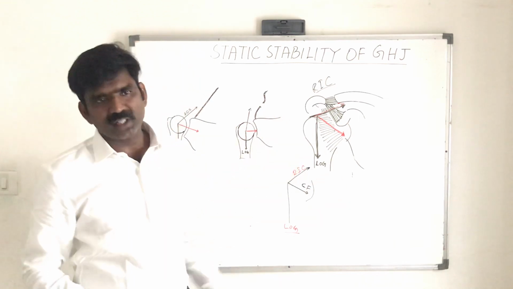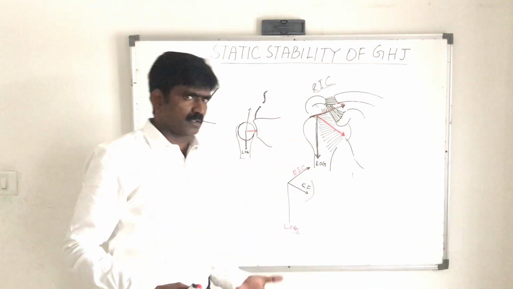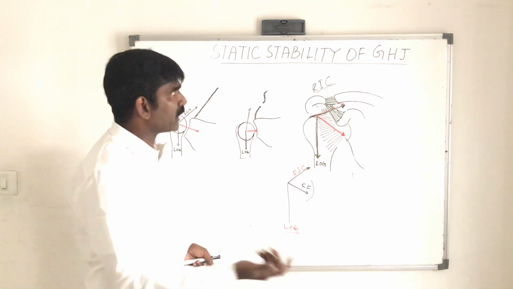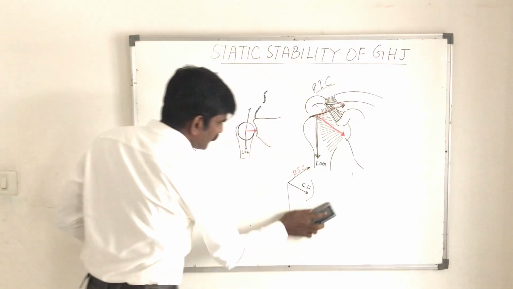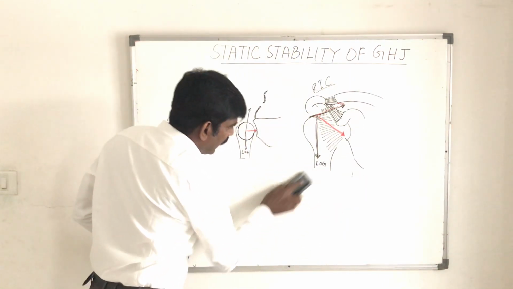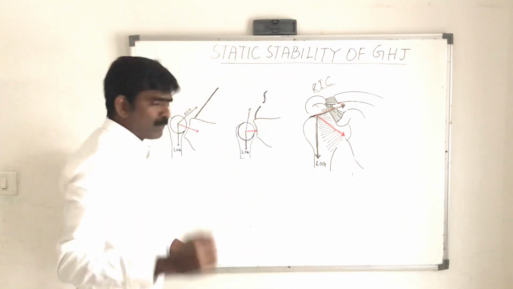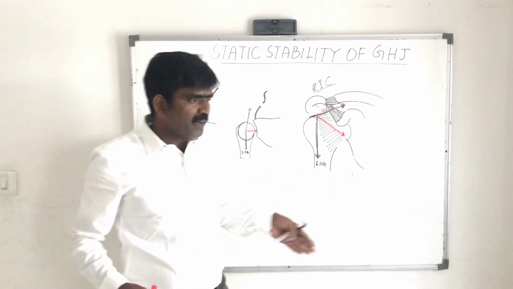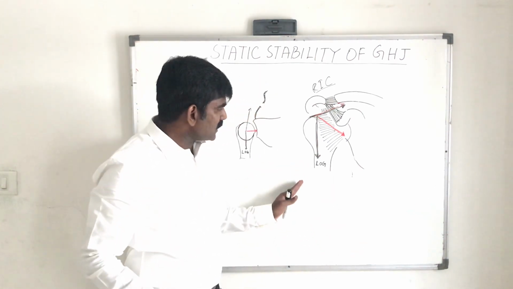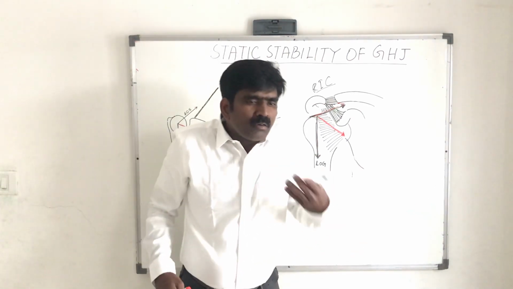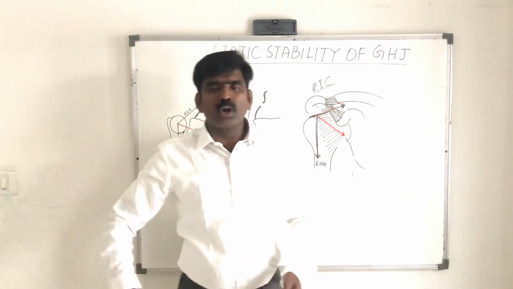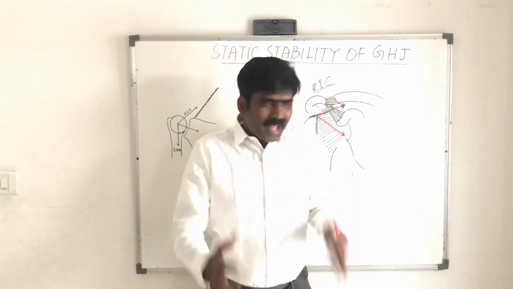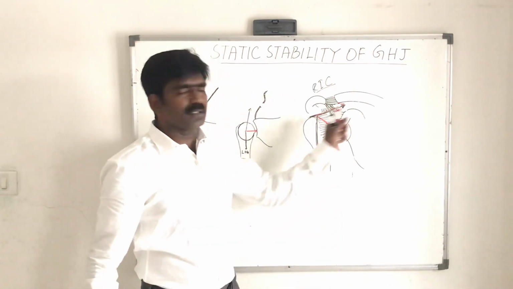So this is the first factor which is responsible to maintain the static stability of the glenohumeral joint. And one more point I would like to say here. What we have discussed is in the unloaded position. That is, if you are not having any load in your upper extremity, then the force is acting in this direction.